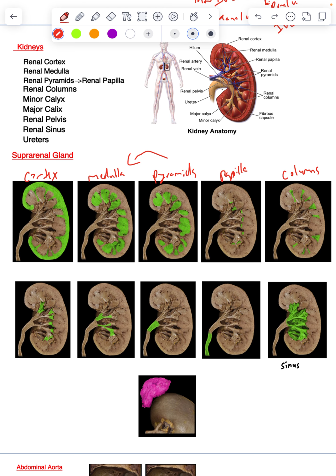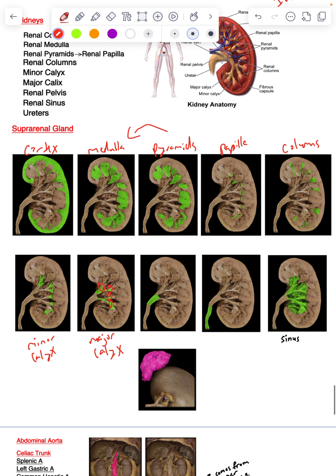Minor calyx. Your minor calyces will all together dump into major calyces or calyx. And then your major will go into the renal pelvis, which then goes to your ureter.